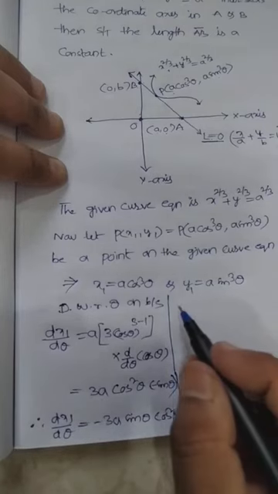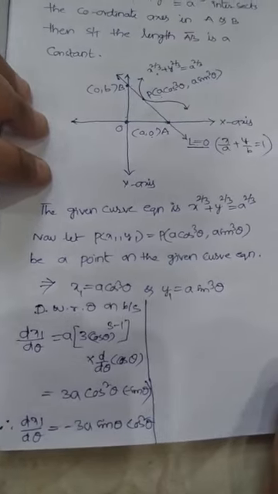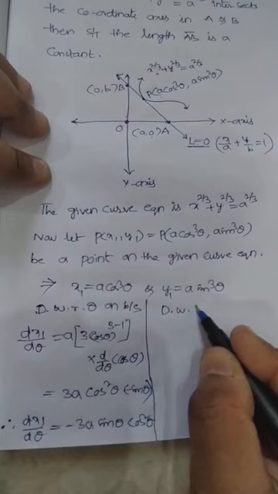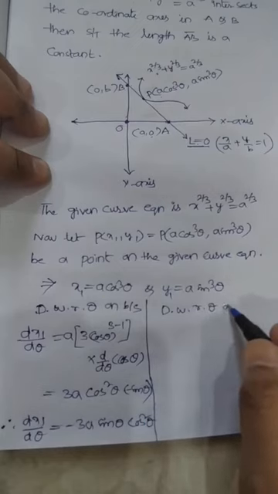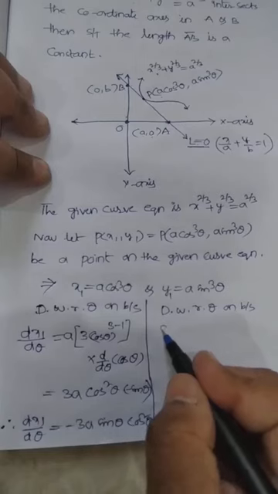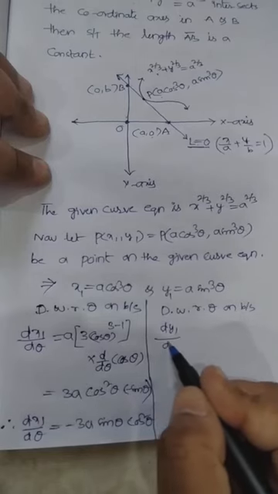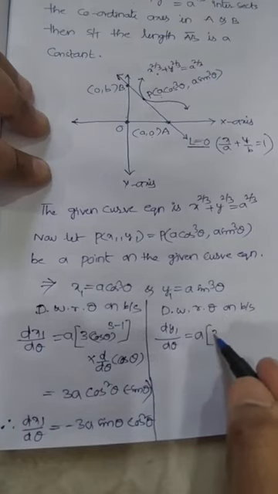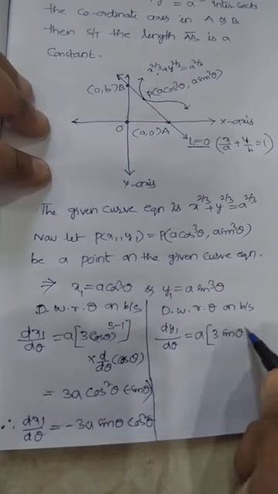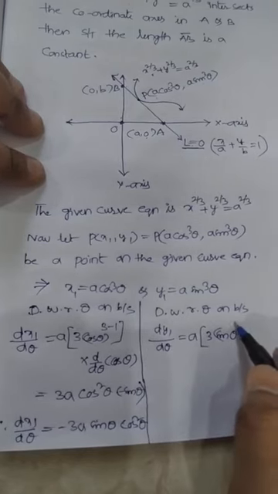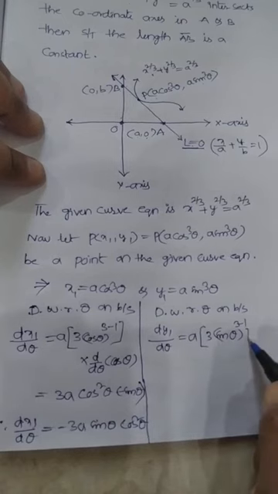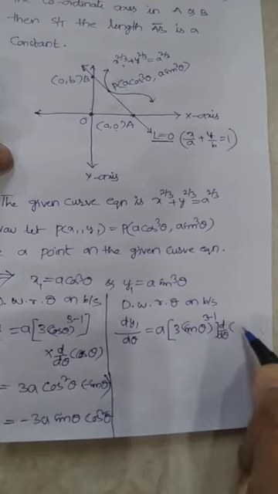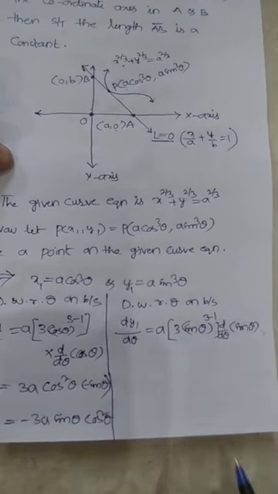So now we are moving to this function. Differentiating with respect to theta on both sides, dy1 by d theta is equal to a into the same, 3 into sin theta whole power 3 minus 1, into d by d theta of sin theta. Are you following?